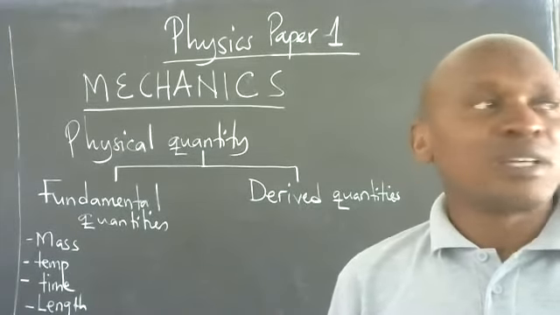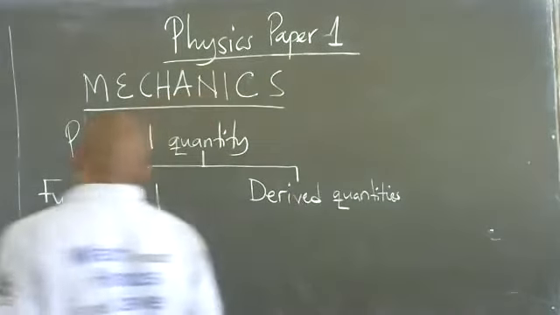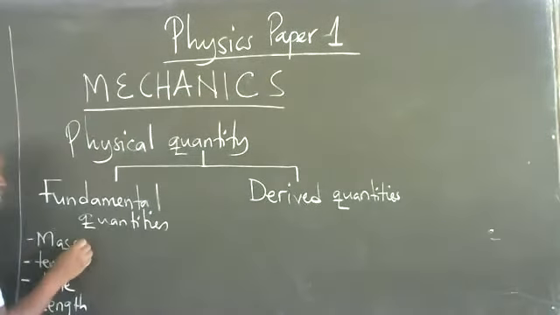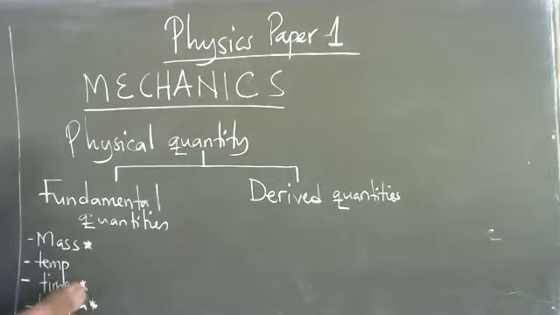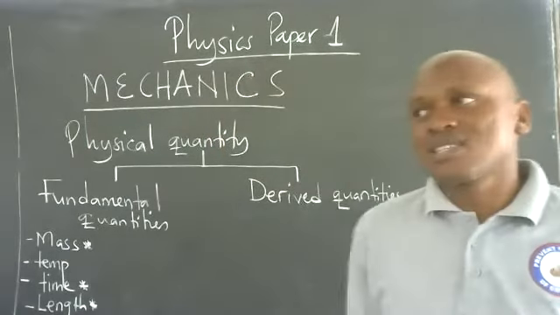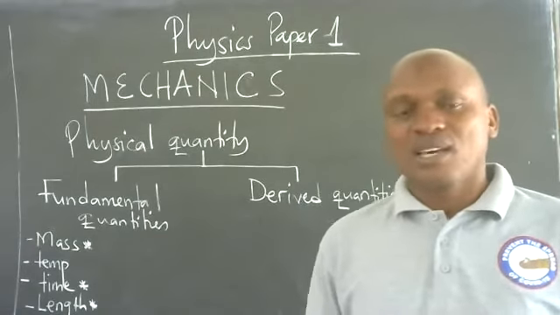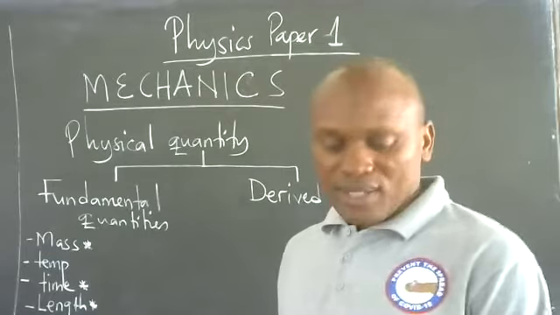We have mass, length, and time. These three are going to occur in all our derivations. Temperature is a fundamental quantity, but it is usually used under a specific region of physics.